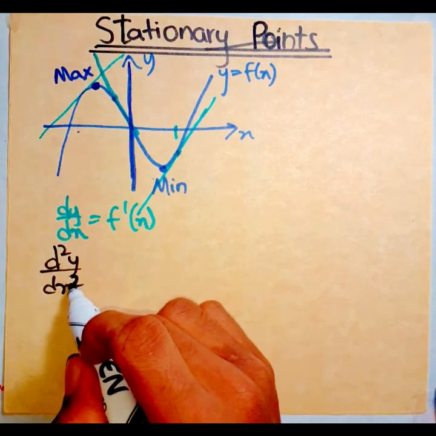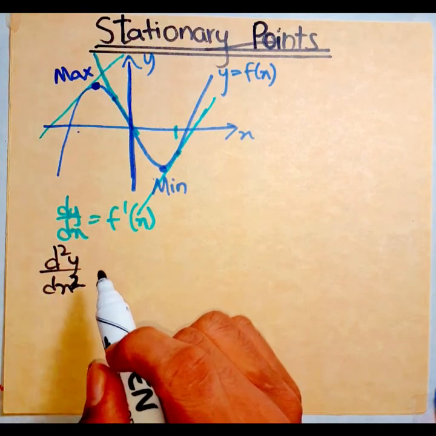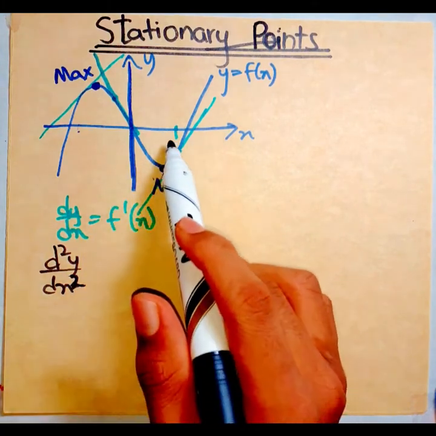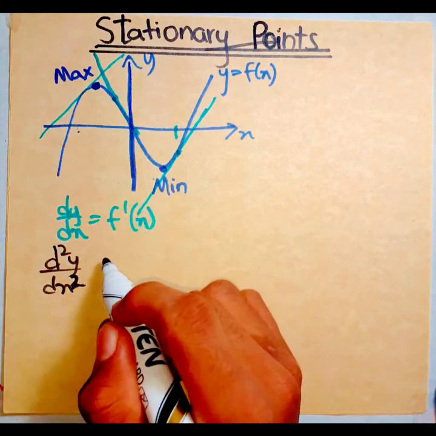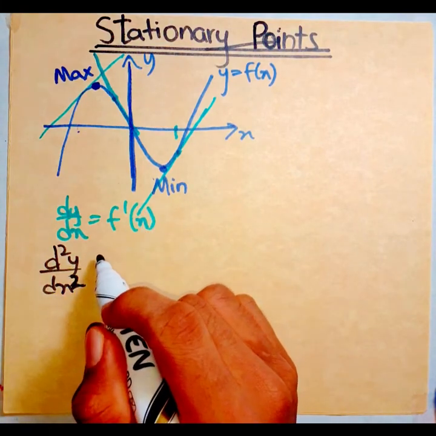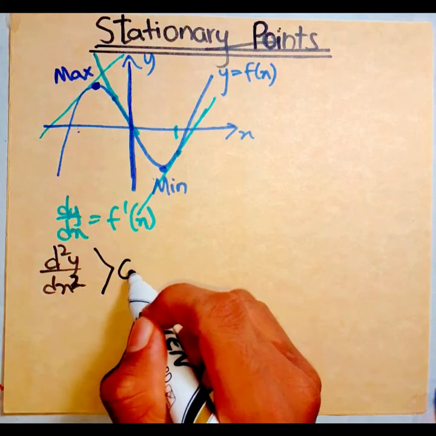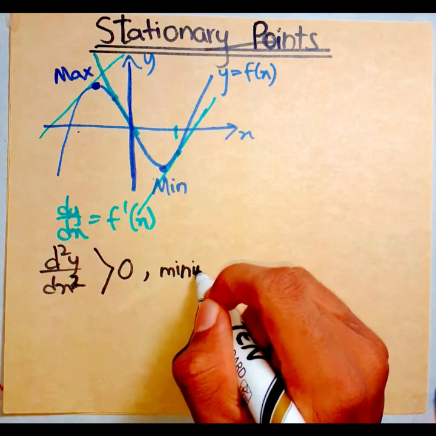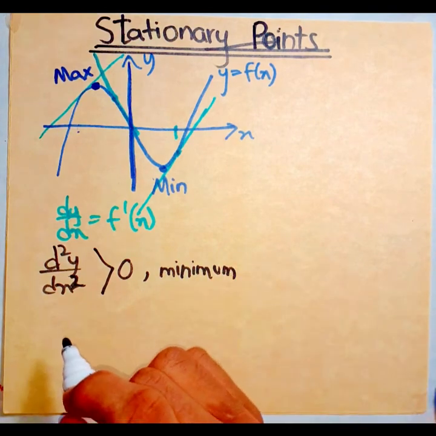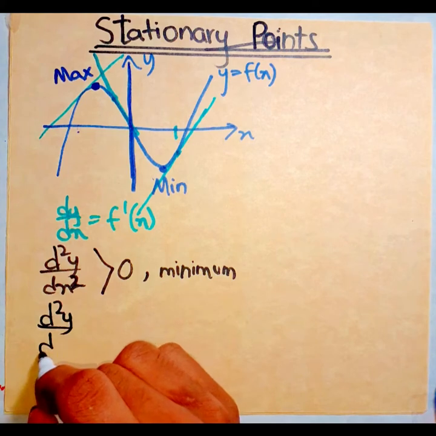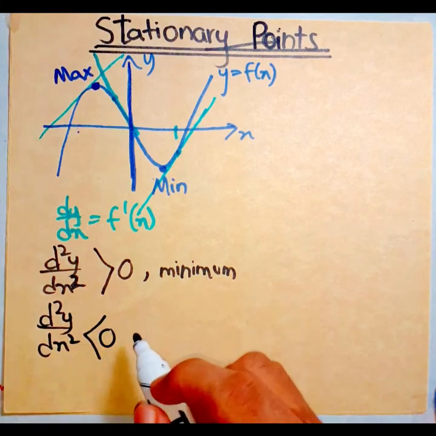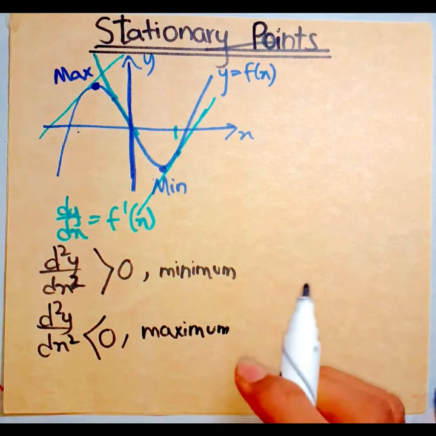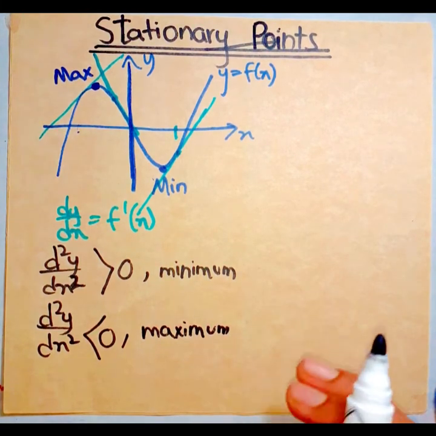If we find d squared y by dx squared and check the point, we might get an equation, and when we plug in the value of x of that point, if d squared y by dx squared is greater than 0, then it is going to be a minimum. And if d squared y by dx squared is smaller than 0, then it's a maximum. Now it might be a bit complicated, but I'll explain this through.